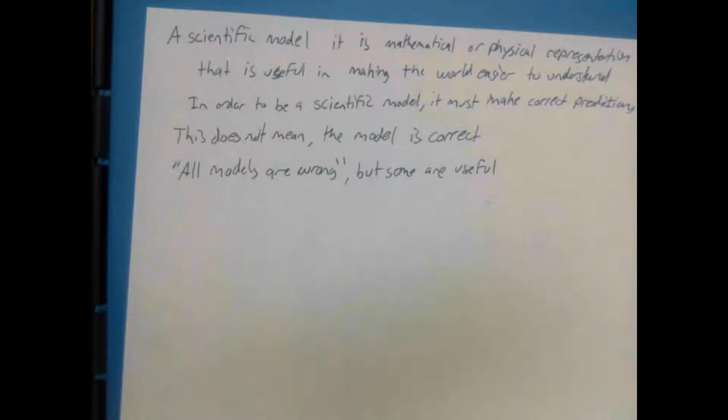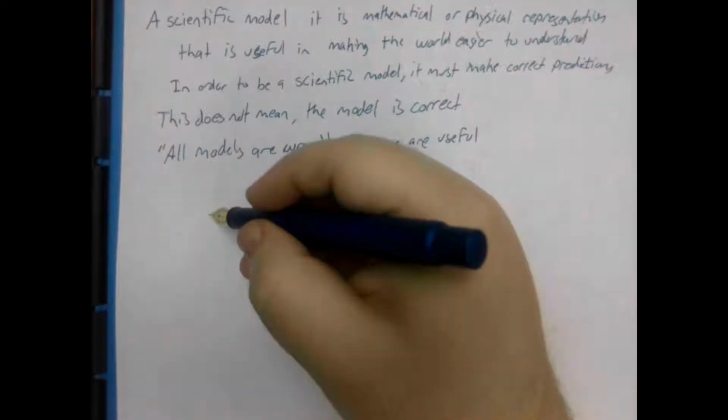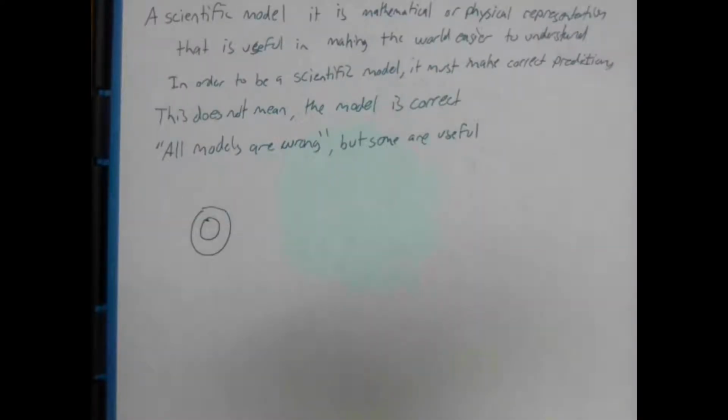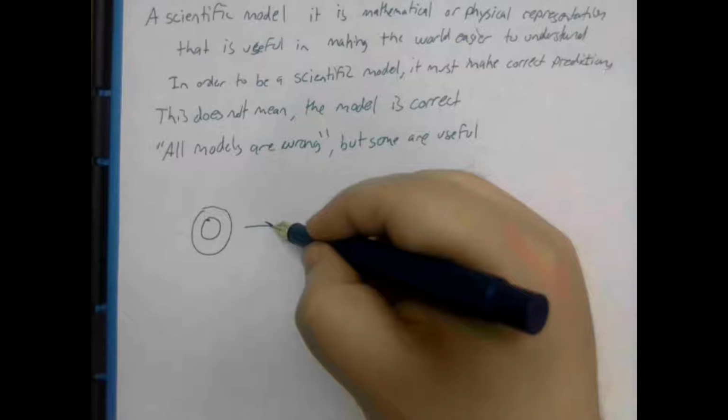So, we can think of the Bohr model like this. The Bohr model is wrong, but it can be used to correctly work this out. If we just think of atoms as the Bohr model, as we go left to right, what do we do?